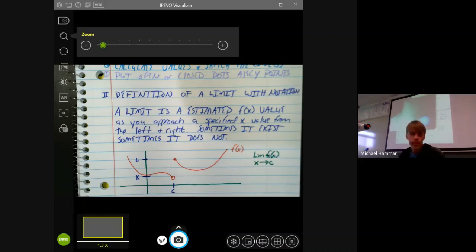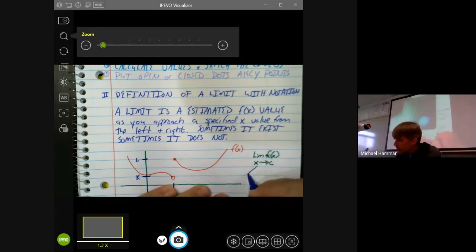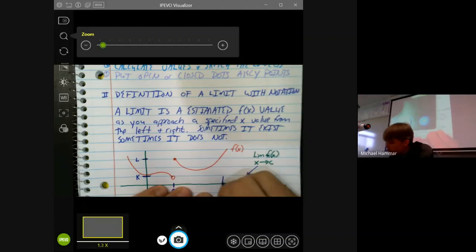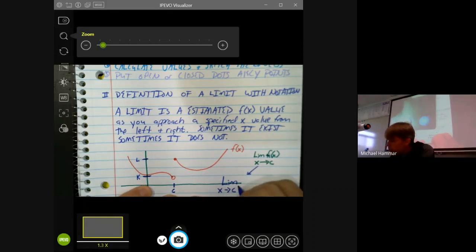Now, there is a very specific way that we write this out. So, first of all, I'm going to show you what it looks like when we talk about approaching it from the left. So we are going to find the limit as x approaches c, and from the left, we use a little negative sign.